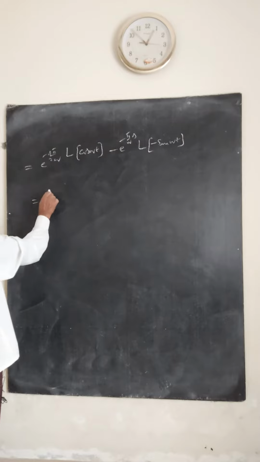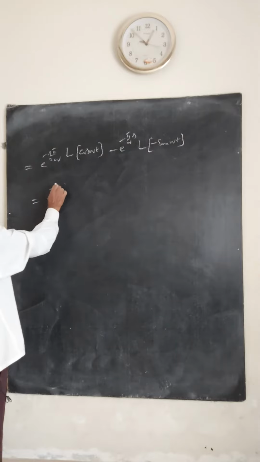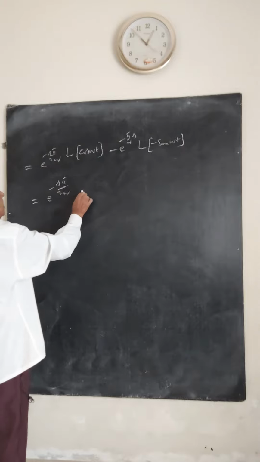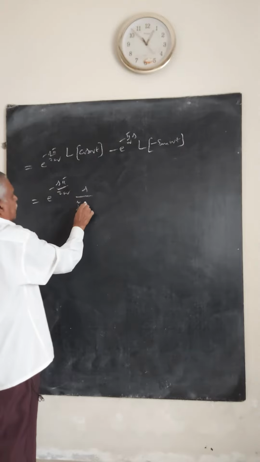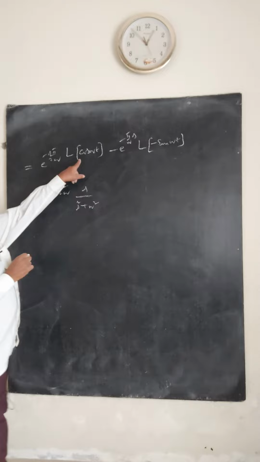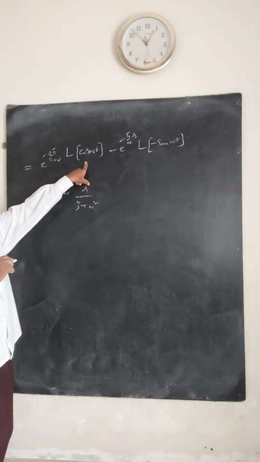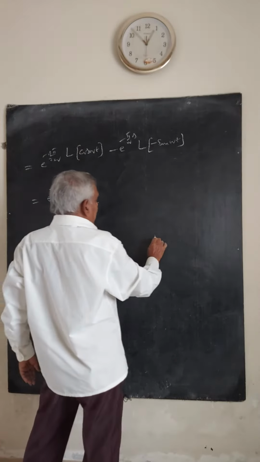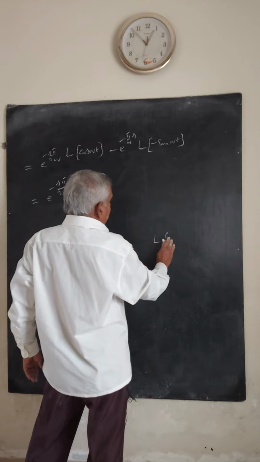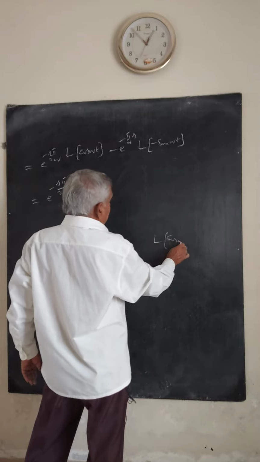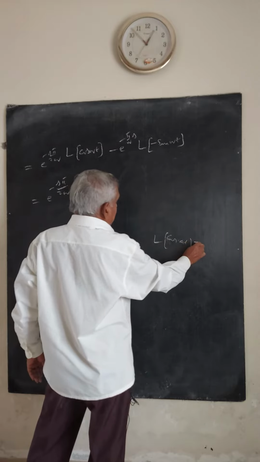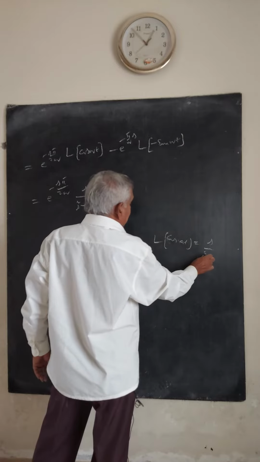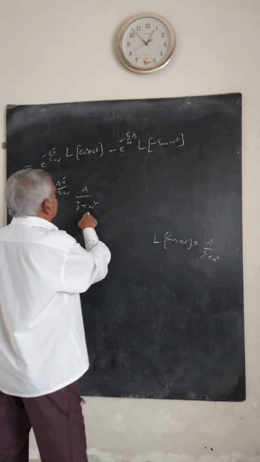Equal to e power minus s pi by 2 omega, s by s square plus omega square. The basic formula used here is L of cos at equals s by s square plus a square, which we have used here.